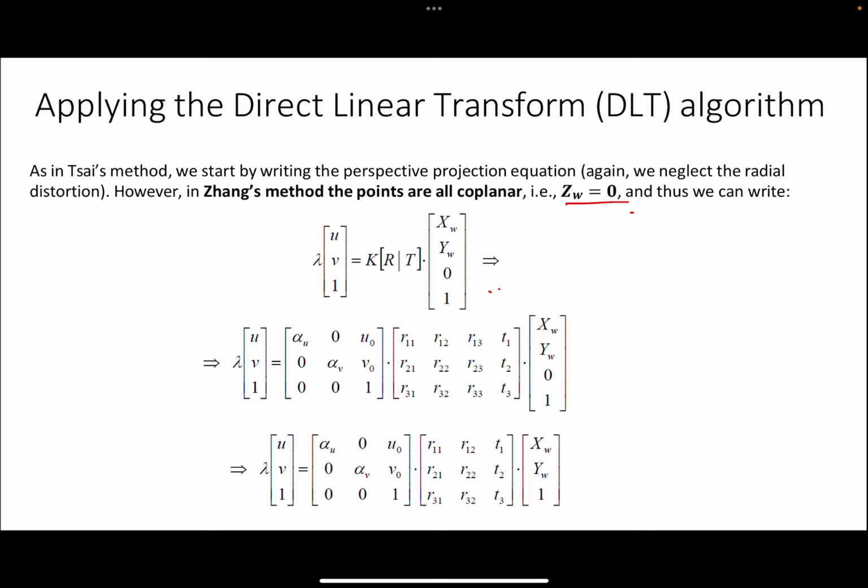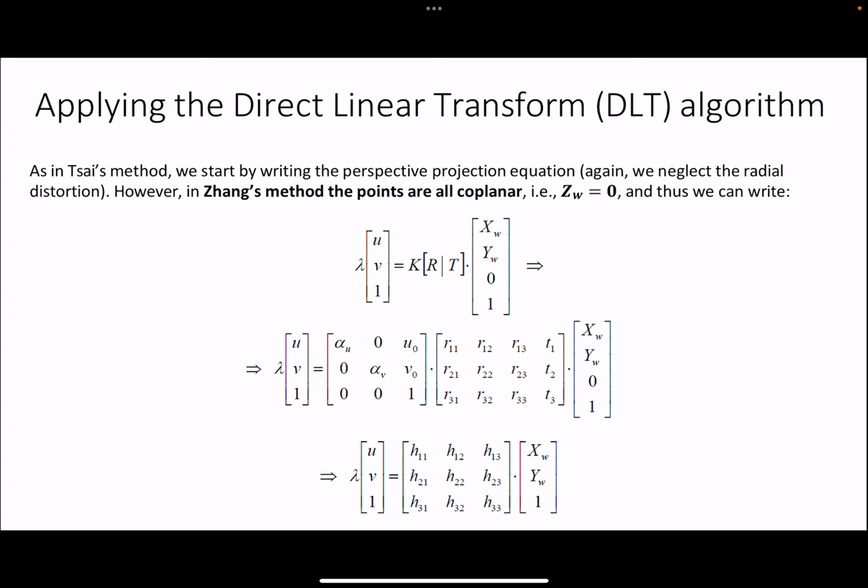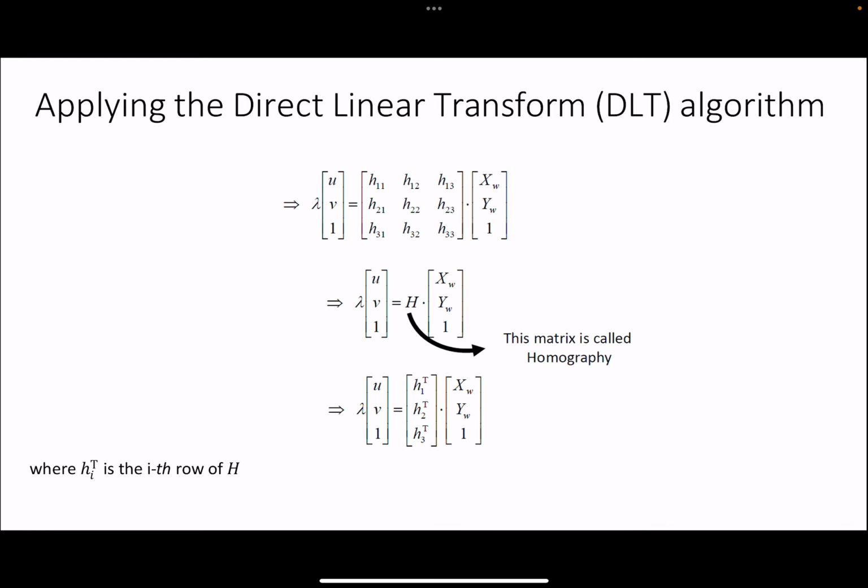And the other things are the same as in Tsai's method. All the things are the same, so that K can be rewritten like this. This is [R T], and then instead of M, we are now trying to use H. And this matrix is called homography.